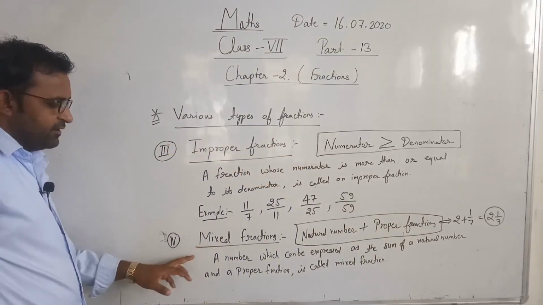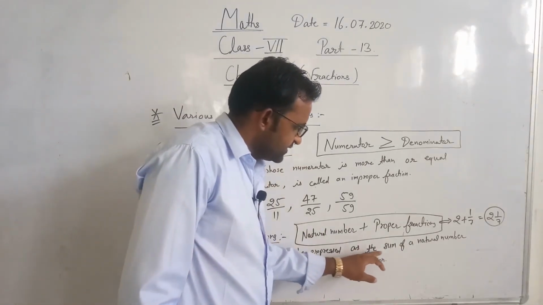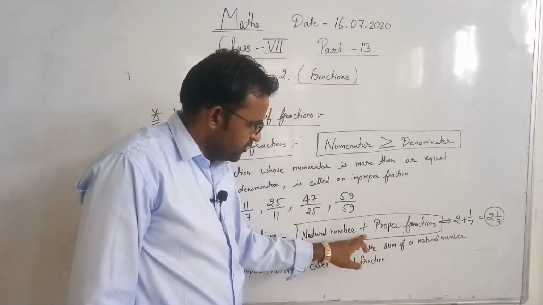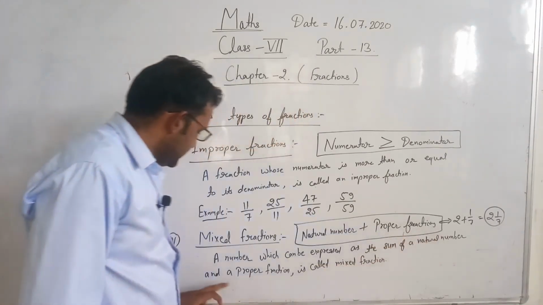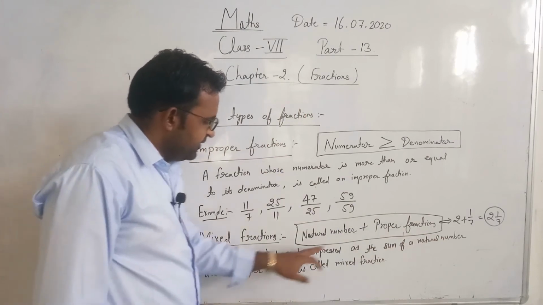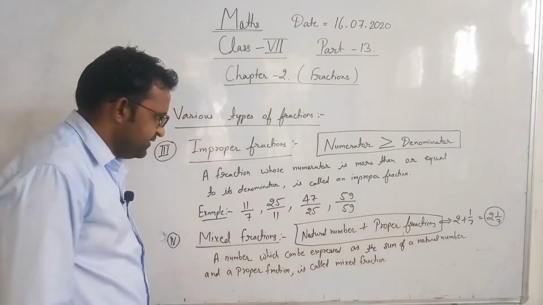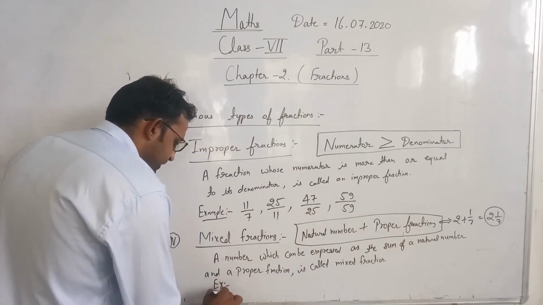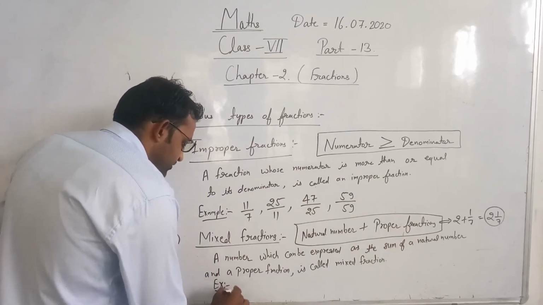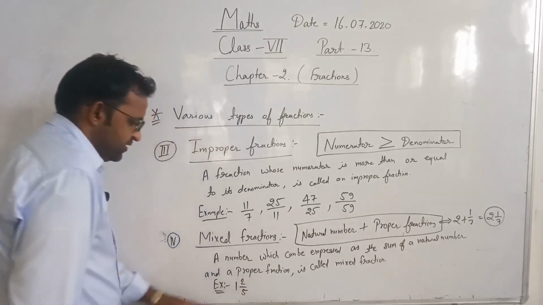Okay student, so the definition of a mixed fraction: a number which can be expressed as the sum of a natural number and a proper fraction is called a mixed fraction. For example, first, 1 2 upon 5.